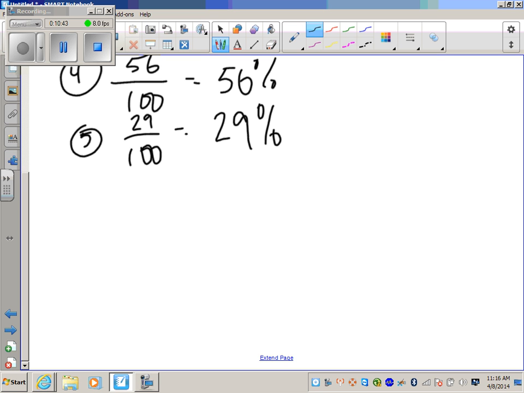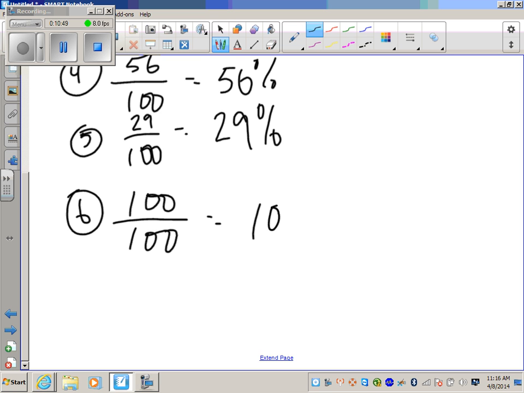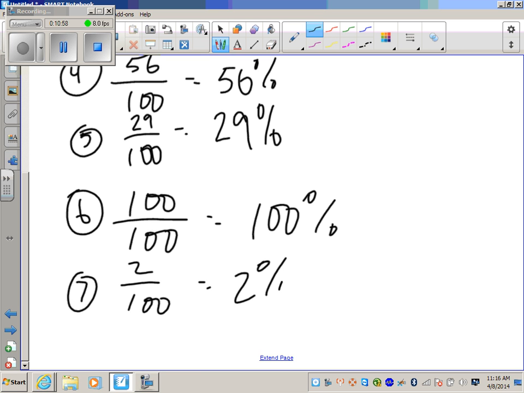Number 6. 100 out of 100 is 100%. Number 7 is 2 out of 100. 2%. Number 8, 33 out of 100. Questions?